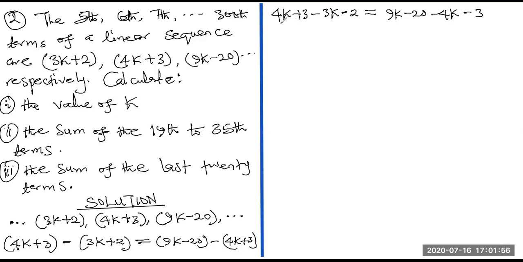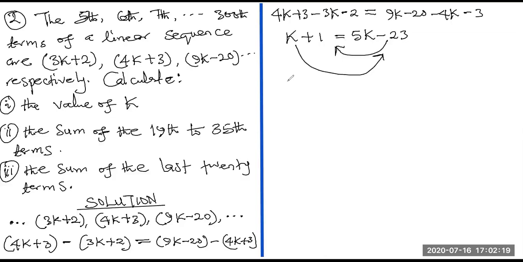Collecting like terms, 4k minus 3k will give us k, 3 minus 2 gives us plus 1, equals to 9k minus 4k will give us 5k, minus 20 minus 3 gives us minus 23. And of course, this one comes over here to become positive, minus 23 comes over here to become positive, k comes over here to become negative.